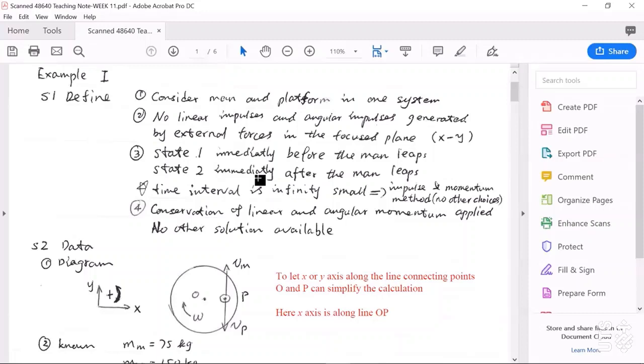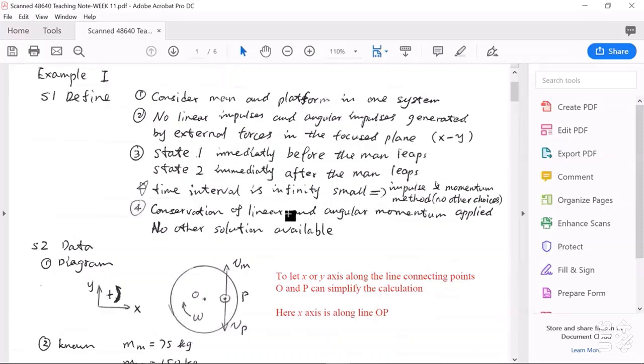Two positions. Initial position, state 1, that's immediately before this man leaps. Final position, state 2, that's immediately after this man leaps.